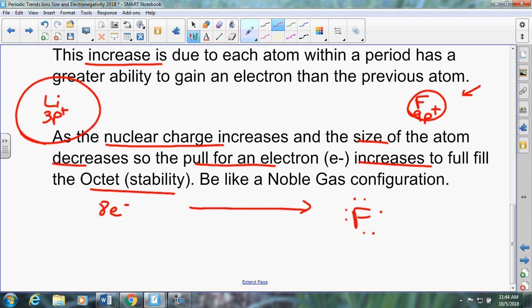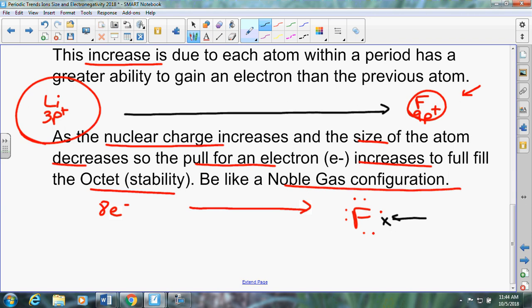Remember, we talked about getting to a noble gas configuration or a pseudo noble gas configuration, and that's why this pulls for that electron. So it's that ability of an atom to gain an electron during bonding, and it increases going across because greater nuclear charge pulls it in, pulls for the electrons more.